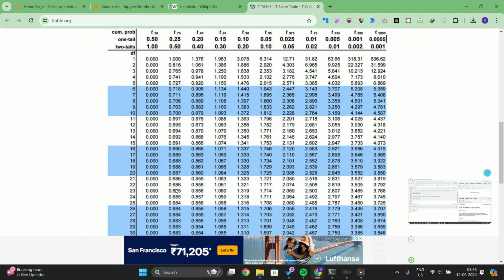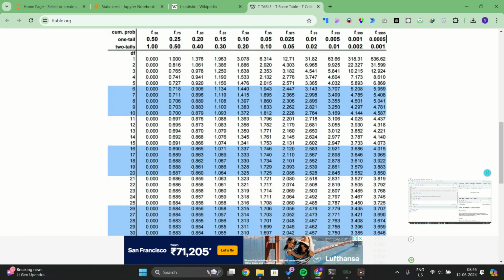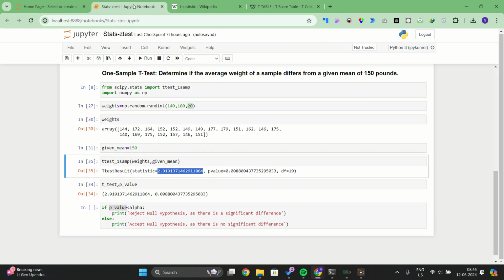The value we need to search under the row for 19 degrees is 2.919. That value is going to come somewhere between 0.01 and 0.002, as you can see on the top. So that's basically our p-value.